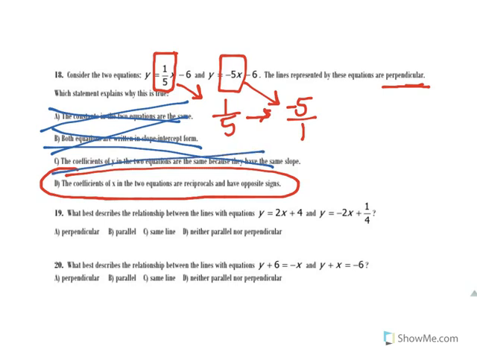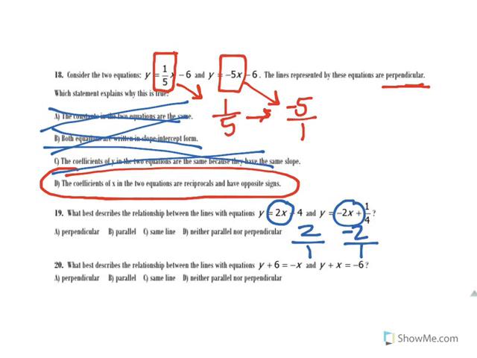Number 19 says, what best describes the relationship between the lines with equations y equals 2x plus 4 and y equals negative x plus 1/4? We are only comparing the slope. The slope for the first equation is 2 over 1, if we write it as a fraction, and the second is negative 2 over 1.